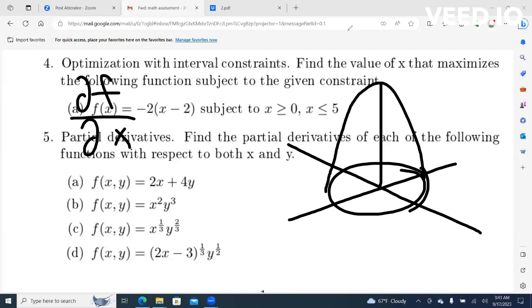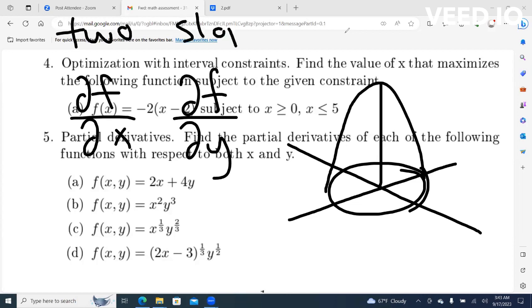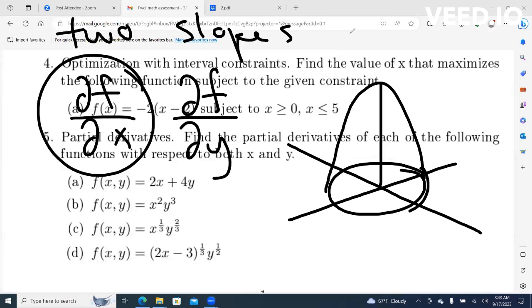What is the second derivative? It's the partial of f with respect to y. But what is the whole point of everything I'm doing? There are 2 slopes. Let's just limit it to 2, x and y, which will basically be it for this class. If you take the derivative with respect to x, you can only take the derivative with respect to one thing.